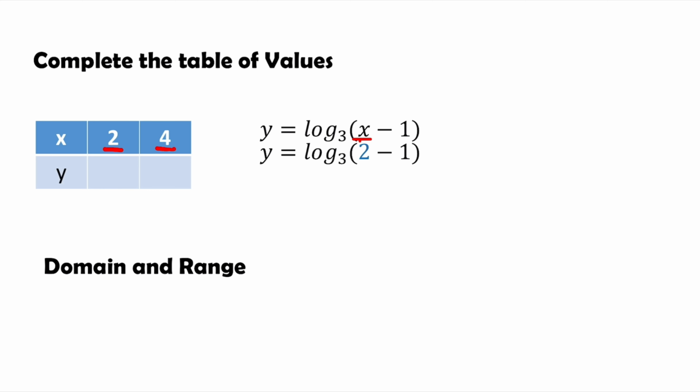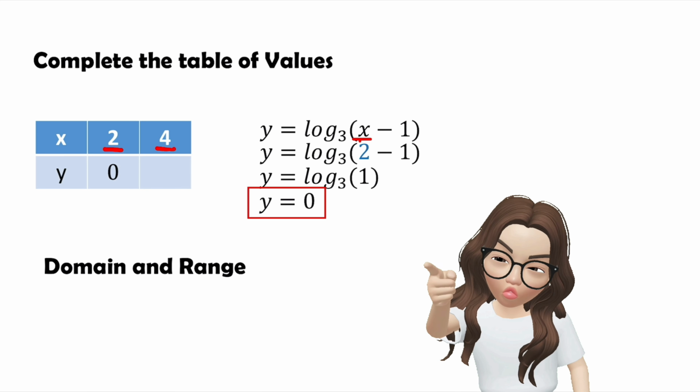And then solve for y. We will have the logarithm of 1 with the base 3. Remember that the logarithm of 1 given any base is equal to 0. Therefore, our y is equal to 0. And that is the corresponding y value if we use 2 as our x.